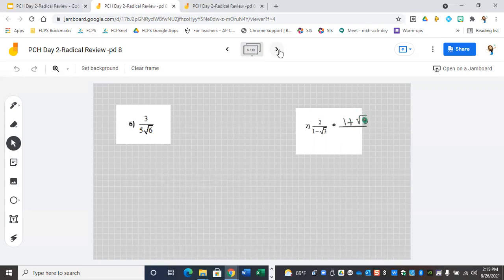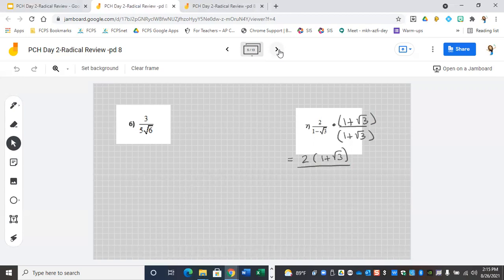So I'm going to multiply the numerator and denominator by 1 plus square root 3, and I'm going to put parentheses around that. You don't have to distribute the 2 right now. Just leave it as 2 times 1 plus square root 3 in the numerator. If you did distribute, that's absolutely fine.